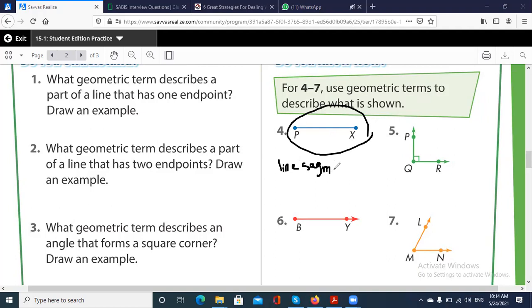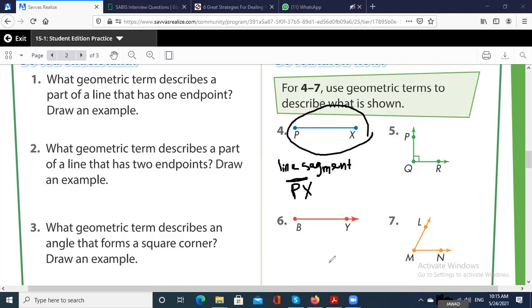It's a part of a line. Now, to name this line segment, it has two points, P and X, so I will call it PX. And above that, I will draw a small little line segment like this. So I can read this as the line segment PX.